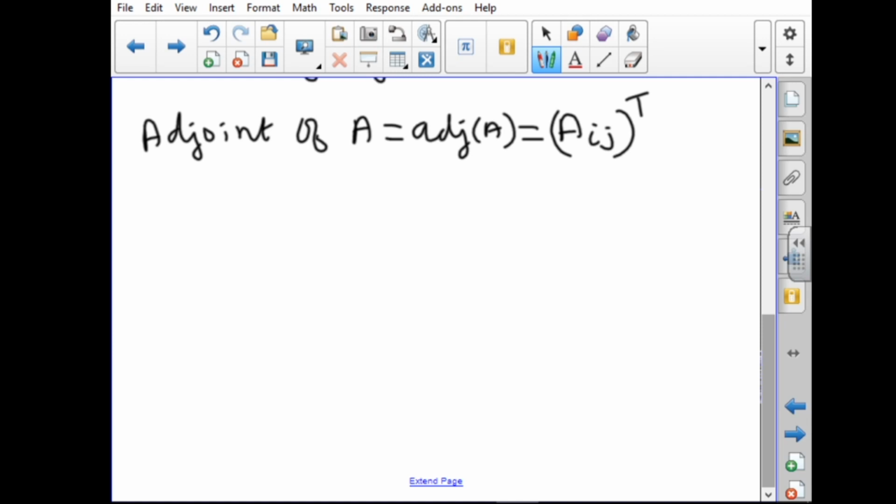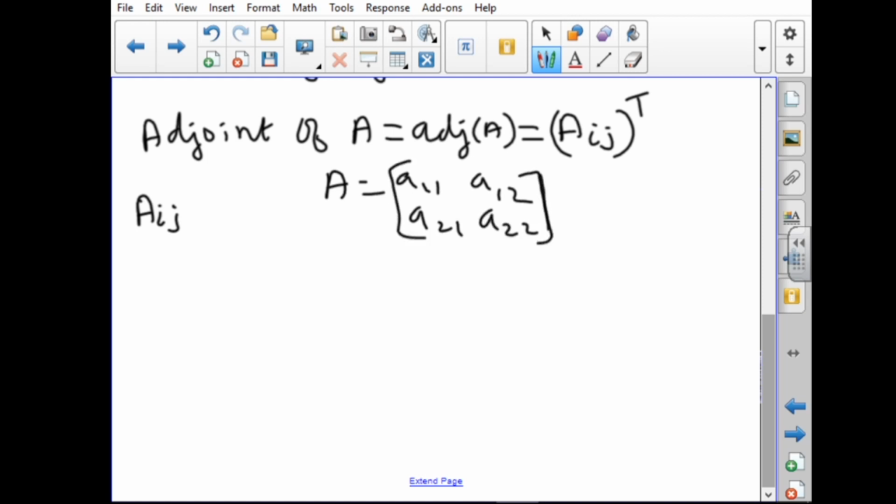If A is a 2 by 2 matrix, A11, A12, A21, A22, then the adjoint of A is the transpose of the cofactor matrix.